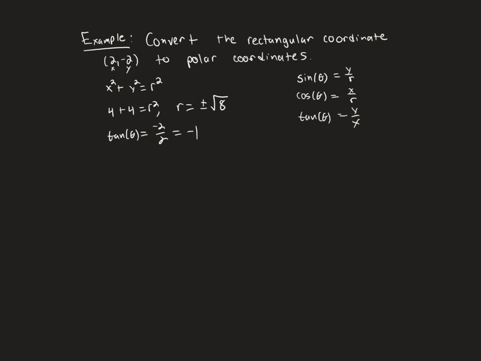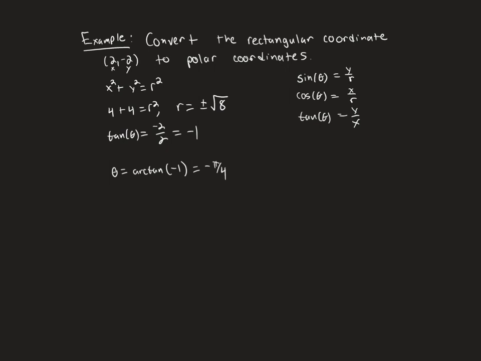We can use the arctangent. Certainly, we can use arctangent to get theta equals arctangent of negative 1, and that's going to give us negative pi over 4. But we would also know, right, that arctangent only gives us solutions in the fourth and the first quadrant.